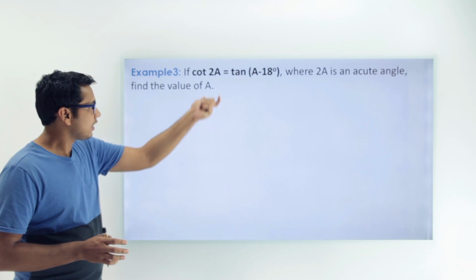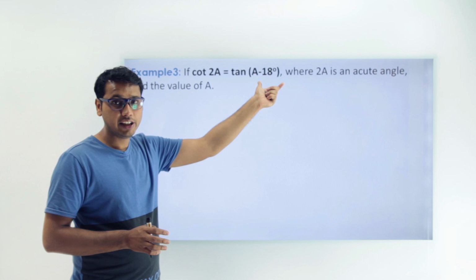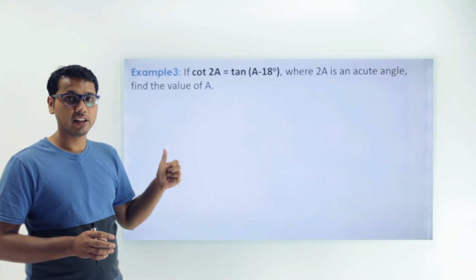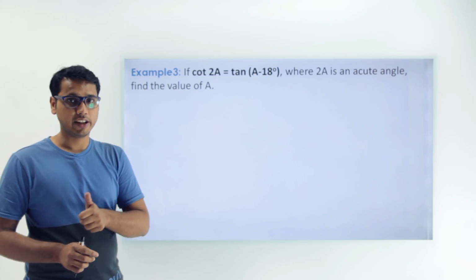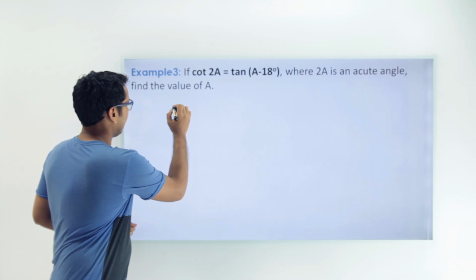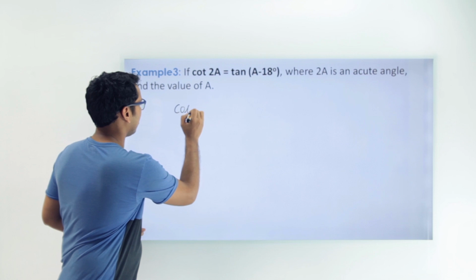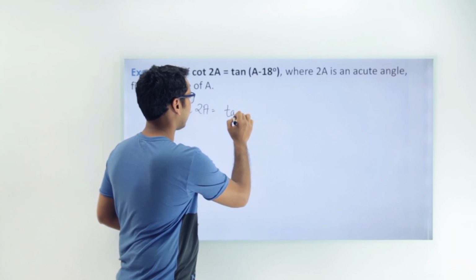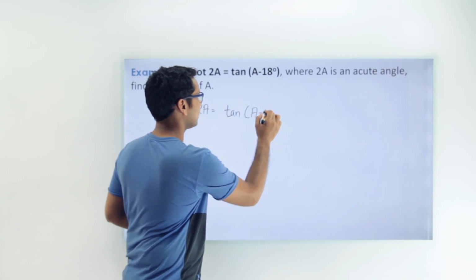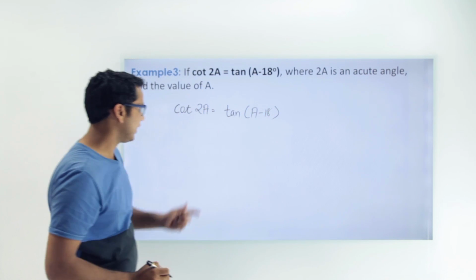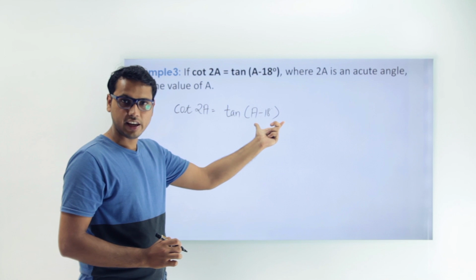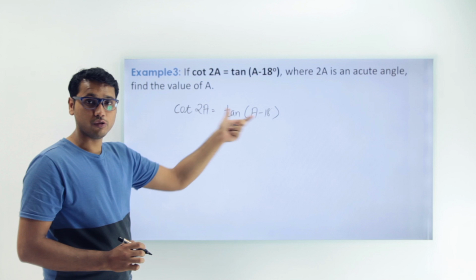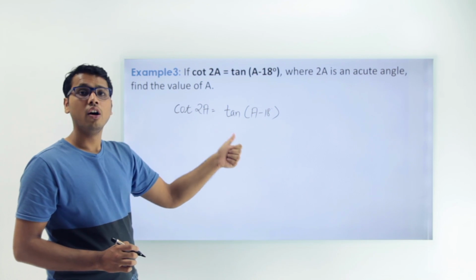So we can say that 2A and A minus 18 are complementary angles, and if they are complementary, then their sum must be equal to 90 degrees.